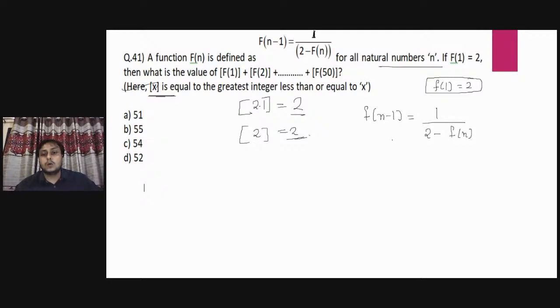So we can write it in terms of f(n): 2 - f(n) = 1/f(n-1), I'm writing this equation, right? When you solve this, I think it becomes f(n) = 2 - 1/f(n-1).